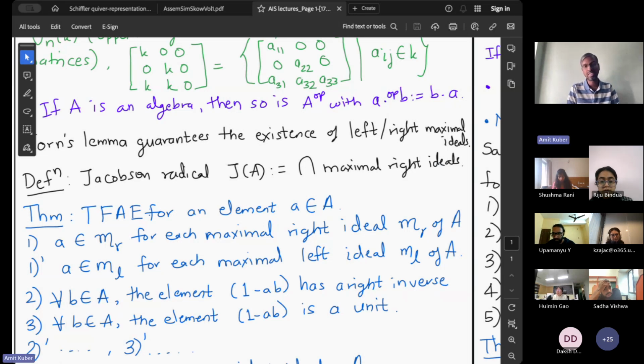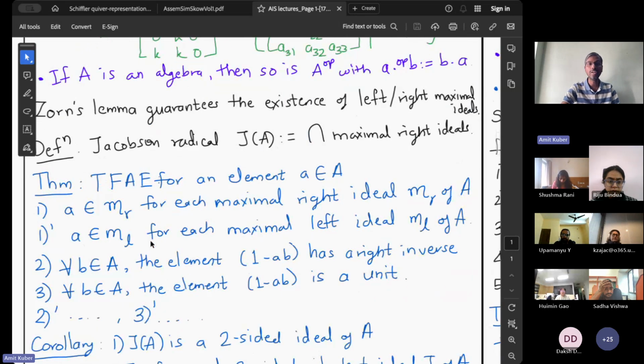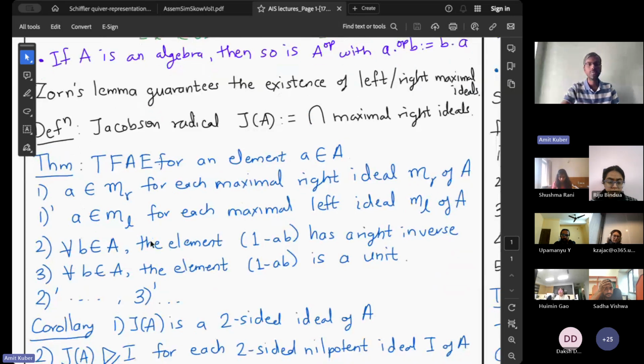So this is an equivalent characterization of the Jacobson radical. And then you can write down 2 dash and 3 dash, I suppose, the left versions, right versions. And the Jacobson radical, as a consequence of these equivalent conditions 1 and 2, actually becomes a two-sided ideal. Okay. So this is the first corollary, that JA is a two-sided ideal of A.